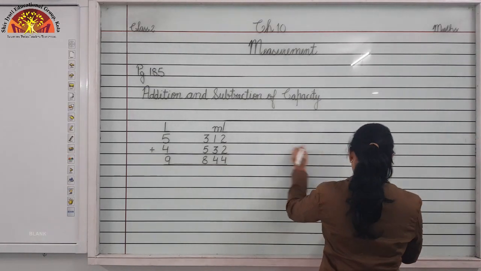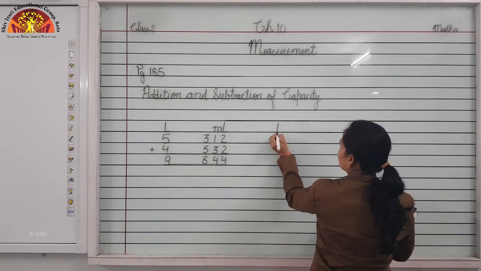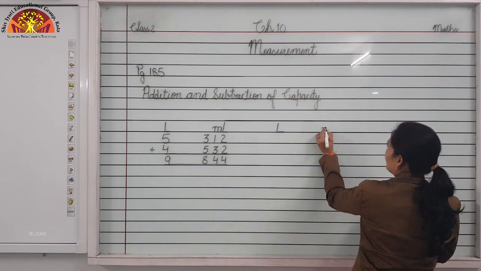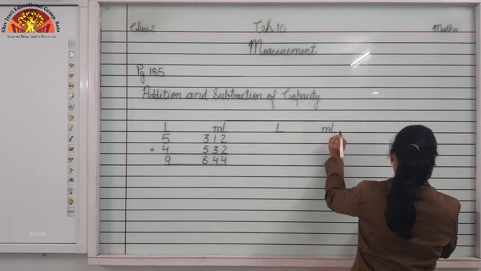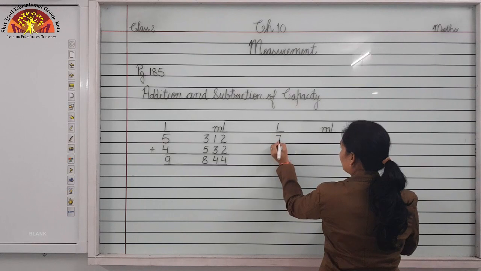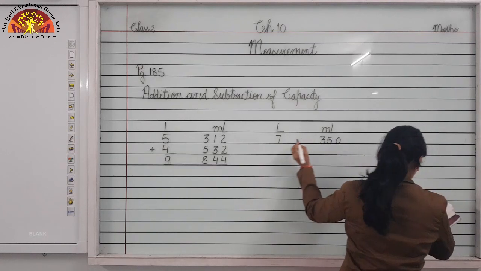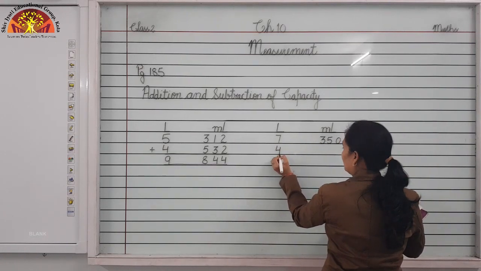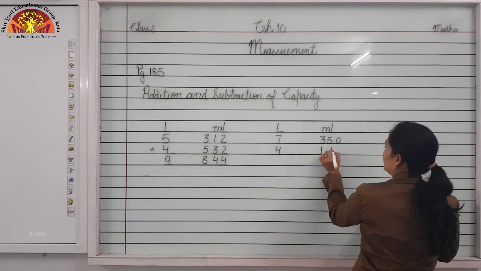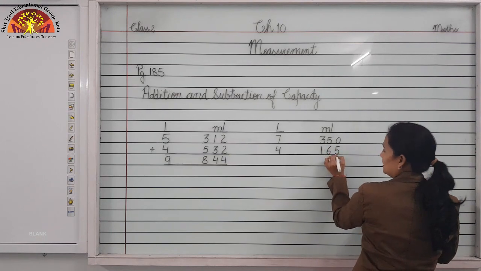One more. Liter, milliliter. 7 liter 350 milliliter, 4 liter 165 milliliter.